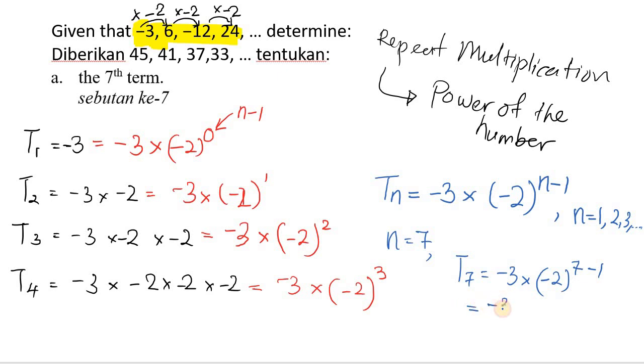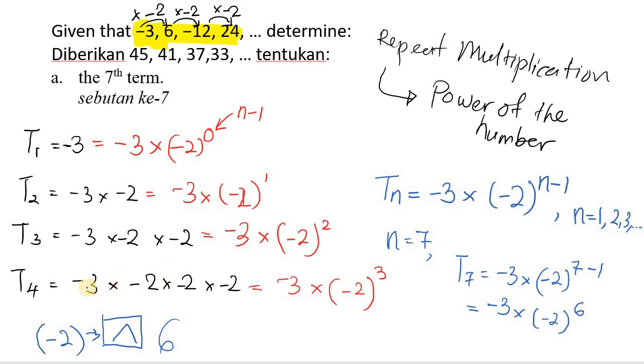So this is equal to negative 3 multiplied with negative 2 power of 6. So how to calculate the power of 6? You are allowed to use your calculator. In your calculator, we have this button, which means power. So negative 2 power of 6 in our calculator is shown as negative 2, power, 6.